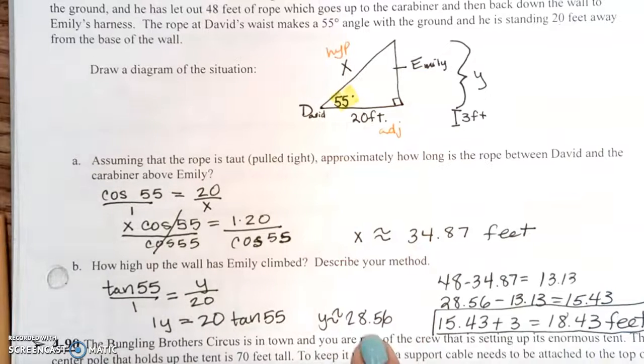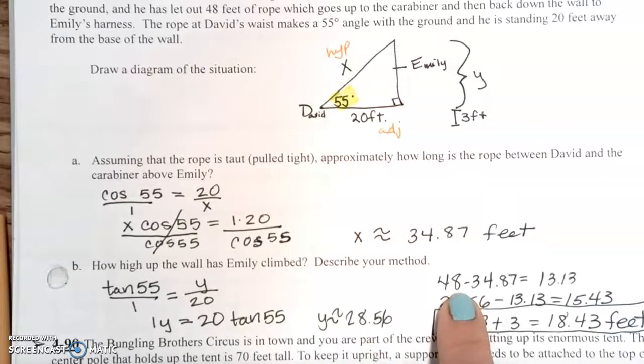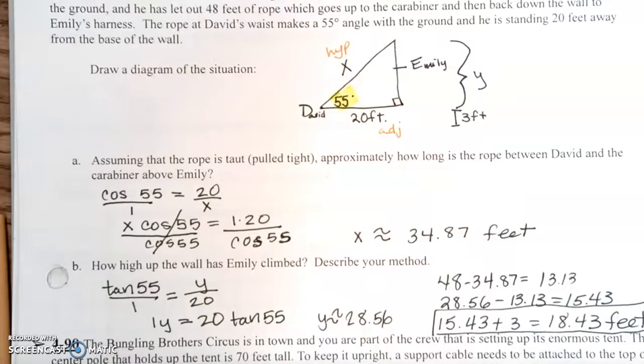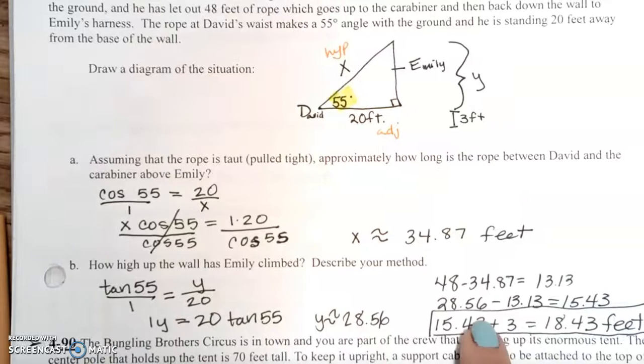We need to take that 28.56 and subtract it from the total rope length of 48. It told us back up in the original question that the total rope was 48 feet. That gives us 13.13 feet. So we need to subtract it from the 28.56.